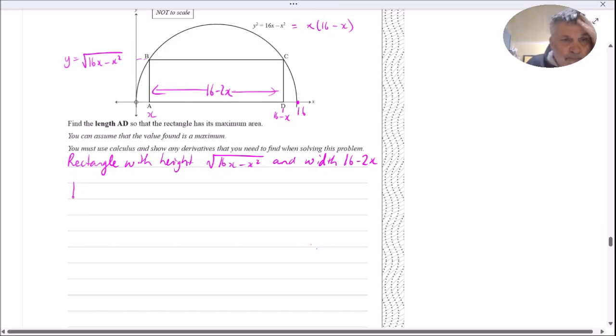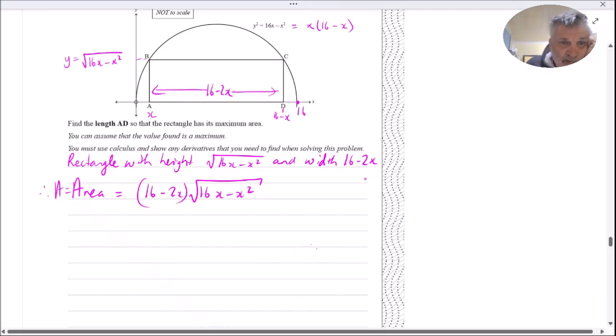So it's got area. Therefore, the area is 16 minus 2x times the square root of 16x minus x squared. Let's just call that A equal to the area.